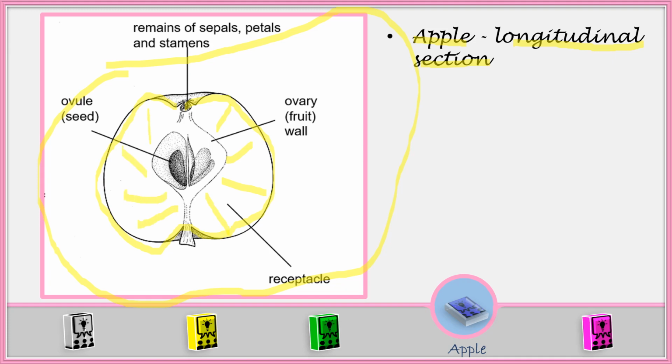Now, the ovary is the fruit wall inside, that inside part of the apple, which is covering the seeds, which are the ovules. These are the seeds.